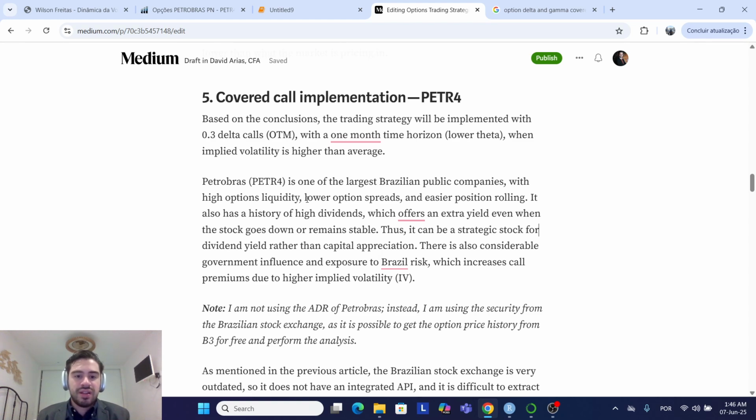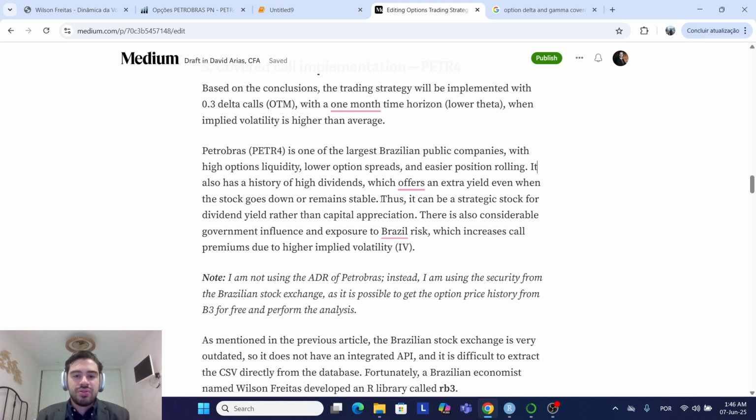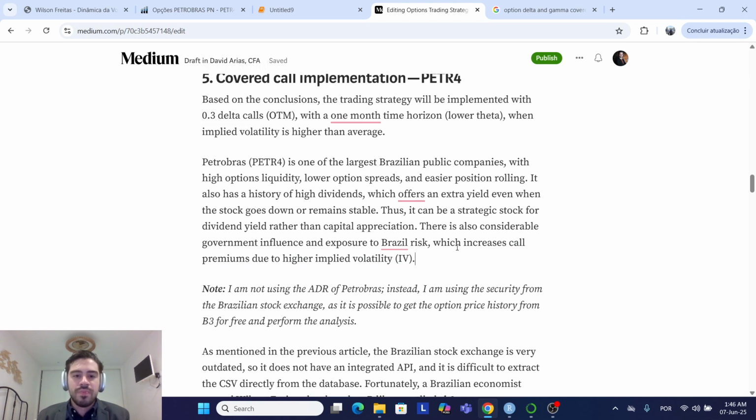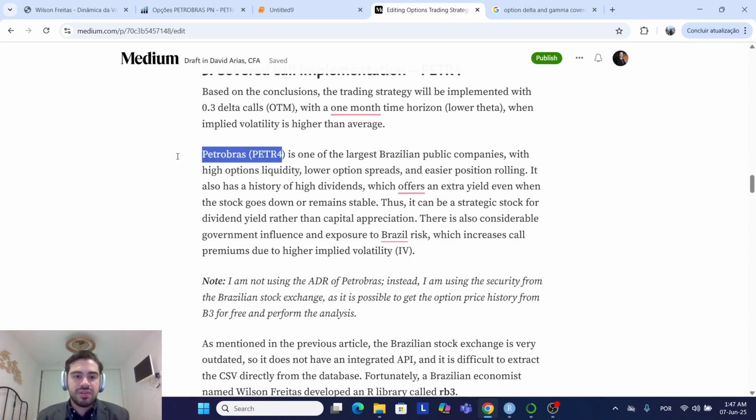It has high liquidity, lower option spreads, and it's easier to roll the position. It also has a very high IV because it's a stock exposed to Brazil risk, and there's a lot of government influence and control. So it's a stock that provides a lot of opportunities for this strategy. This is why it has been chosen.